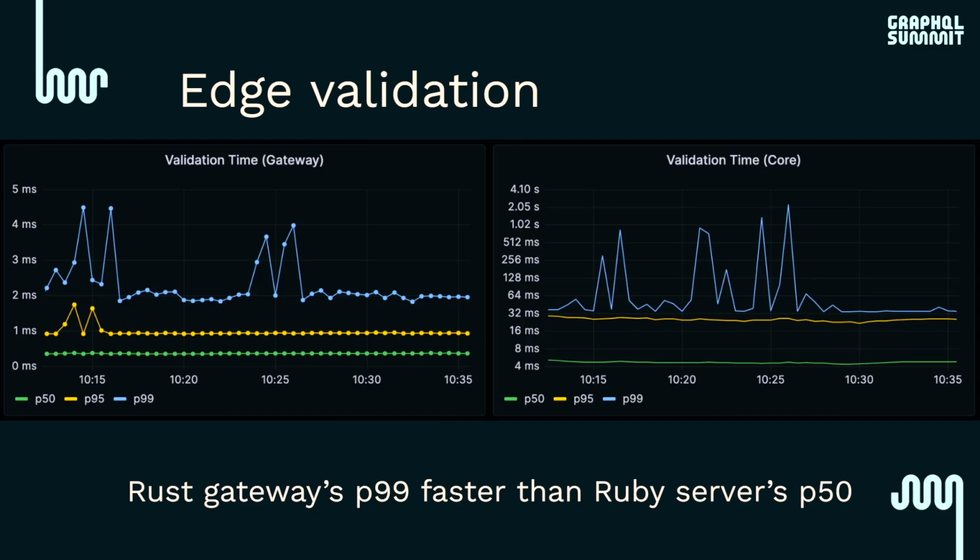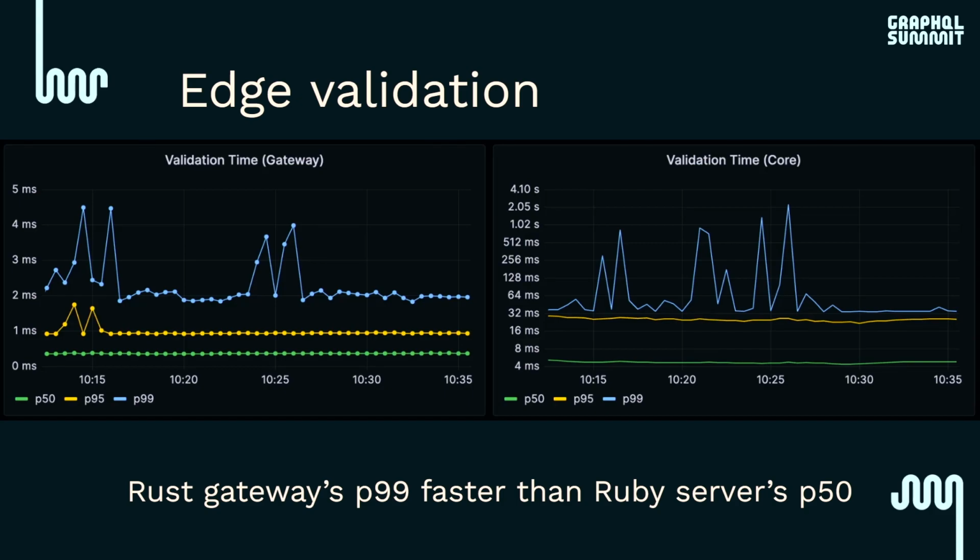Also for validation, we had a win in that we introduced an API gateway. This gateway is Rust-based, but our backend servers were Ruby-based. So we decided to do the static validation closer to the edge, or at the edge, so we could fail faster. We actually had a faster implementation of static validation too.